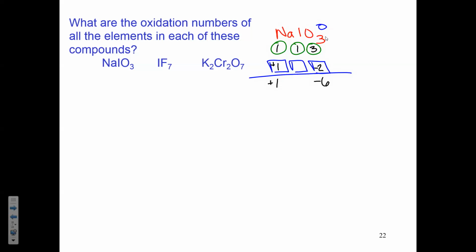If I add all of those together right now, I'm going to end up with -5, which is not what I want. So I need to figure out what this is going to be. So it's +1 plus this, whatever it is, plus this. Okay.